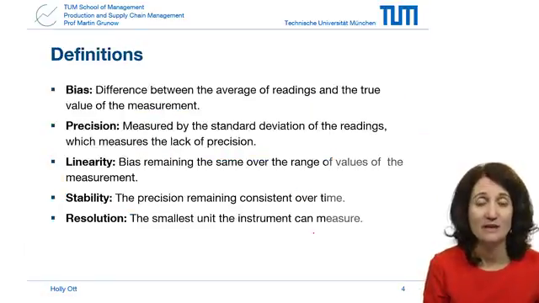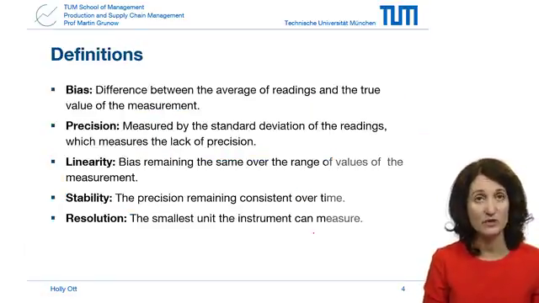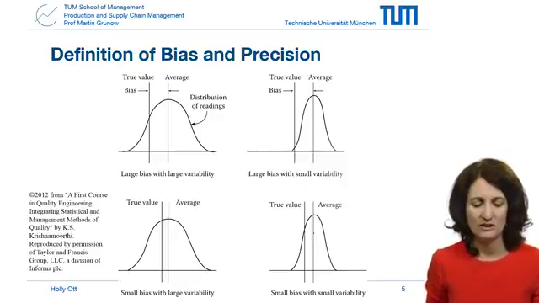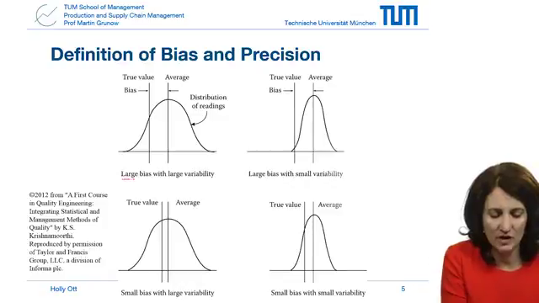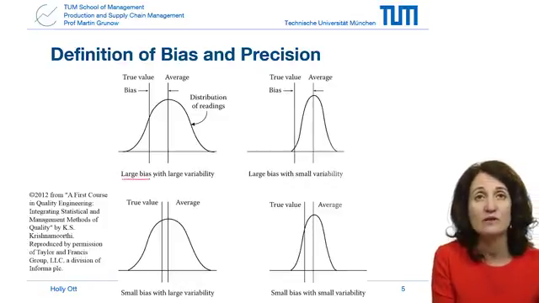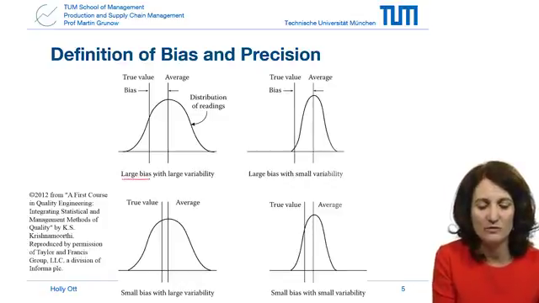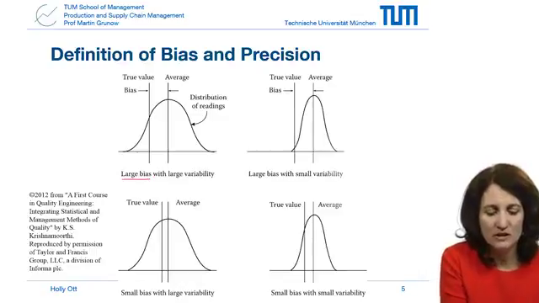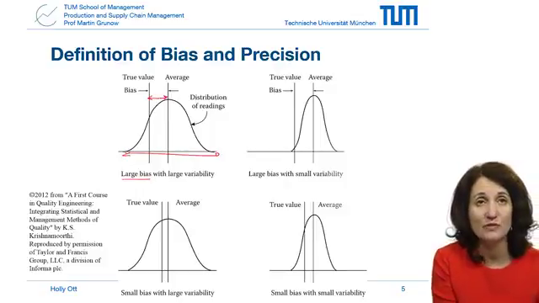Again, we had the definitions from last time: bias, precision, linearity, stability, and resolution. We looked at examples with large bias, where even though the same piece of equipment is measuring the same part, there's a distribution of the readings. And the average of those readings, how it differs from the true value, is called the bias.